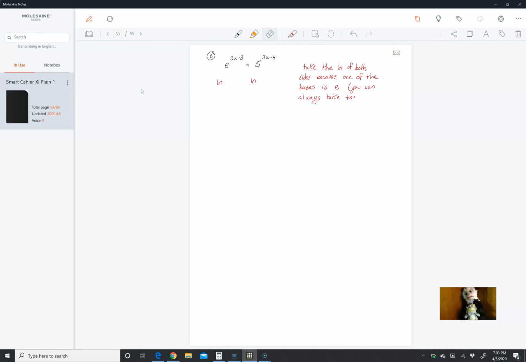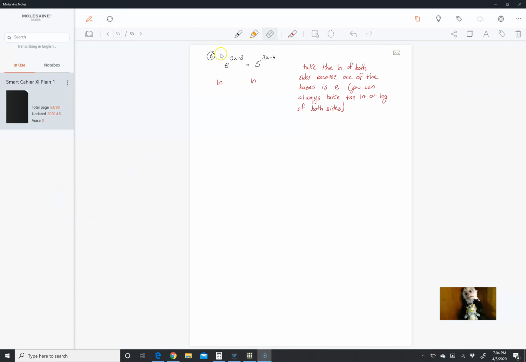We've been saying take the log of both sides, but you can take the ln of both sides too. The reason why we've been doing the log of both sides is just, I don't know, personal preference. But you can do either one, because in each case we can put it into our calculator. So it really makes no difference.